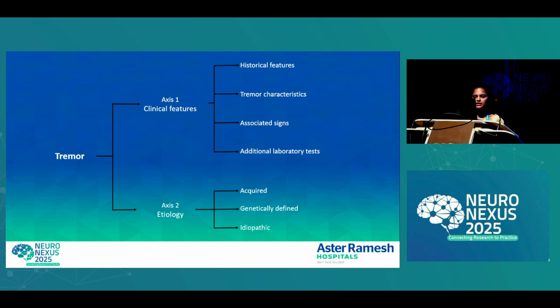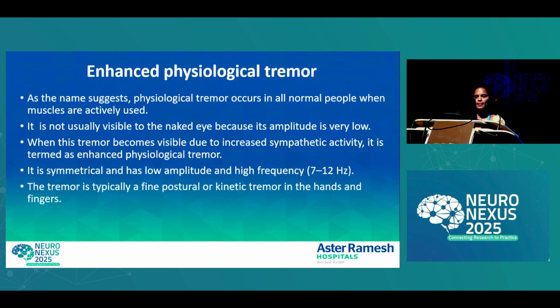Based on clinical features, it is either historical features like age of onset, chronology and progression, and tremor characteristics like whether it is occurring at rest, action, activation and relieving procedures, and associated signs like bradykinesia, dystonia and other cognitive impairment, and additional laboratory tests. And based on axis 2, that is etiology, whether it is genetically defined, idiopathic or acquired.